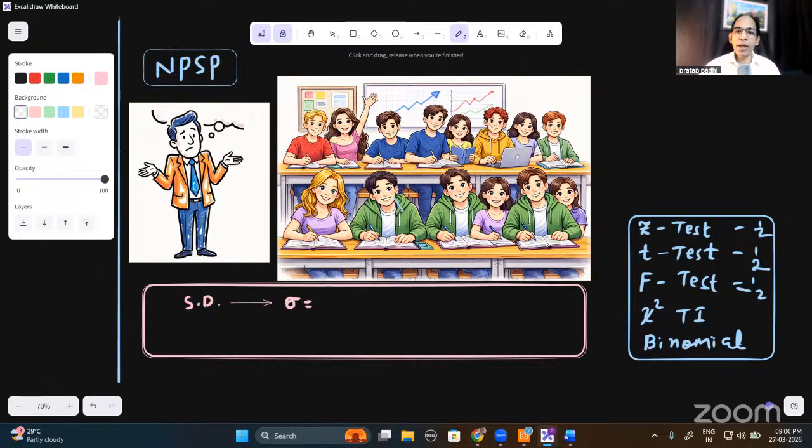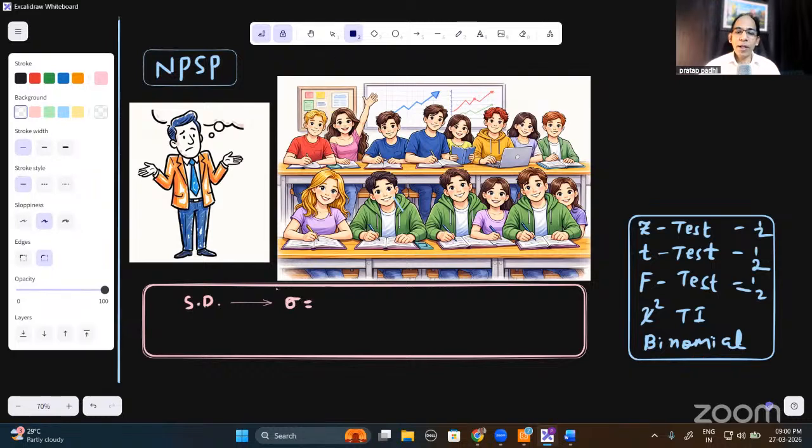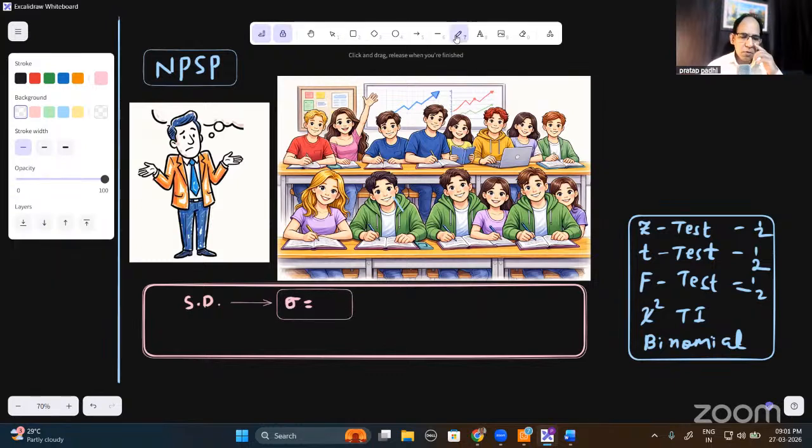Suppose for IQ, they know that most of the students are of equal IQ and it will vary by only sigma square of 20, I mean 5, you can take 4, 2. If you know this by chance, then only you will be able to use a Z test.